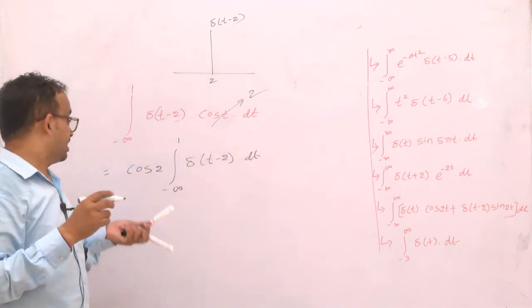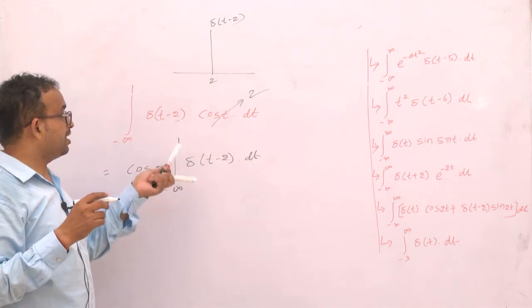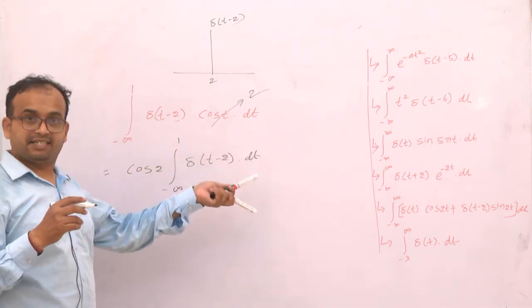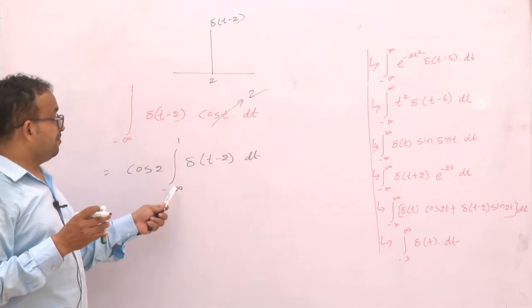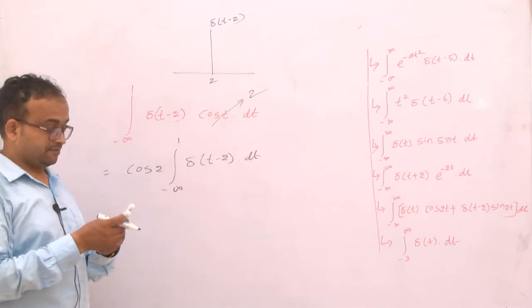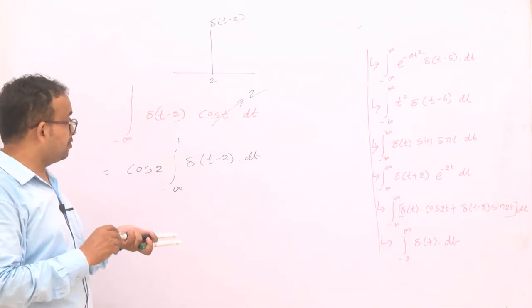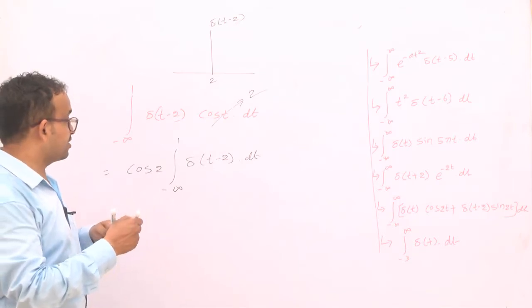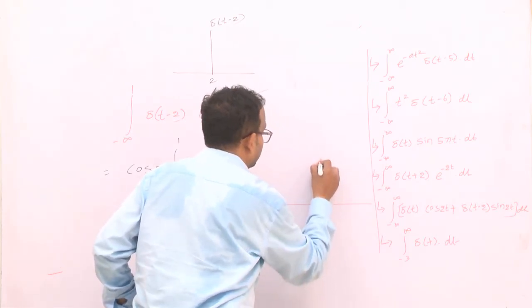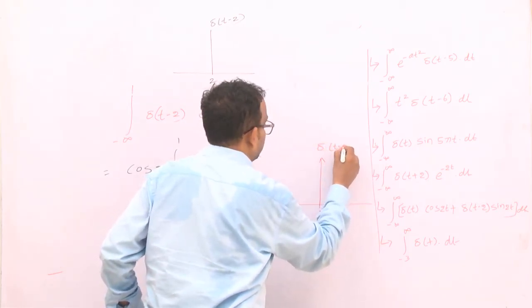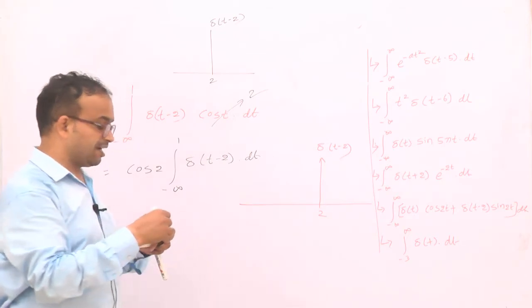So I can write like this: cos 2 times the integral from minus infinite to 1 of delta t minus 2 dt. But see here, I am doing the integration from minus infinite to 1. Let me draw here. At t equal to 2, delta of t minus 2 is present.